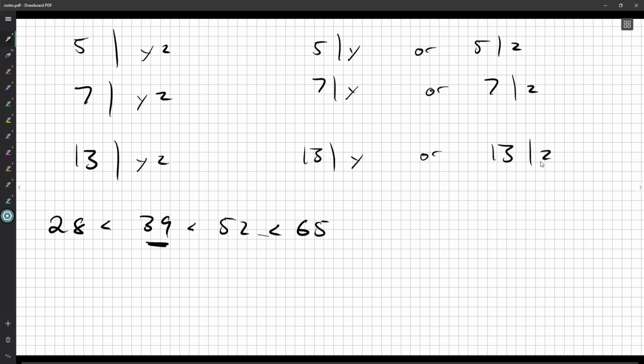So one of them, y or z, is either 39 or 52. Now, I'll write it down below: neither of these is a multiple of 5 or 7.